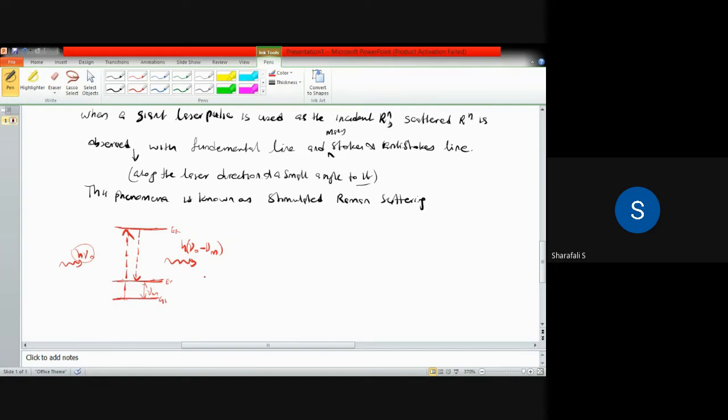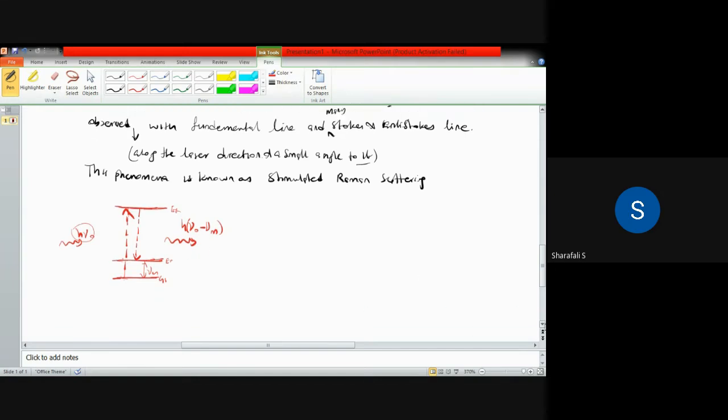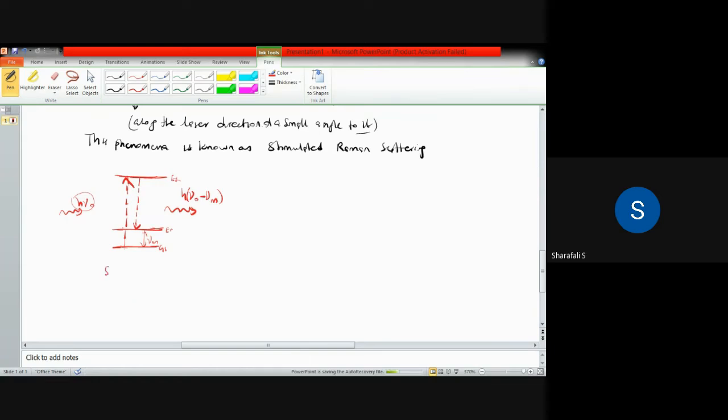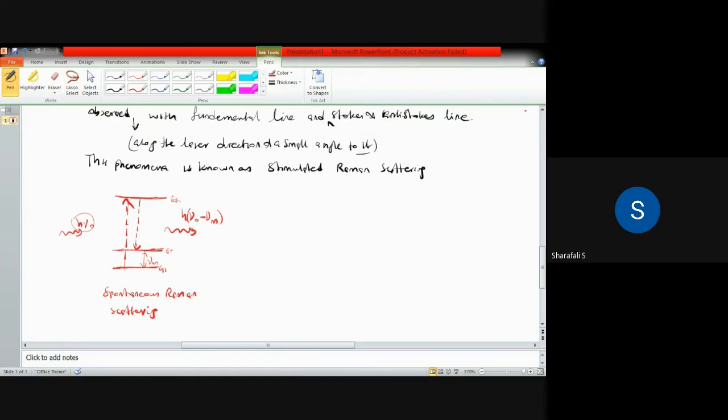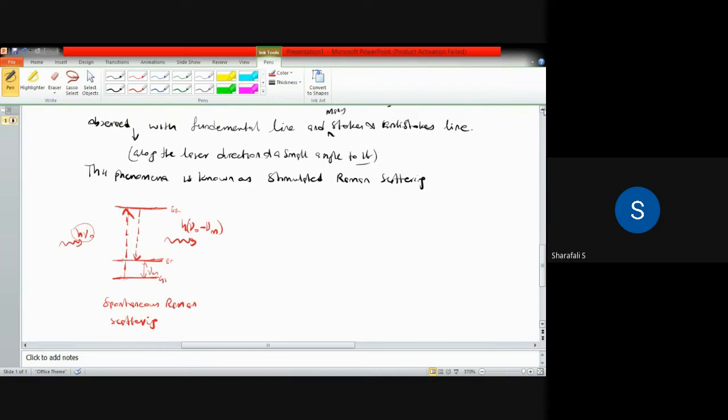This is spontaneous Raman scattering, or normal Raman scattering.